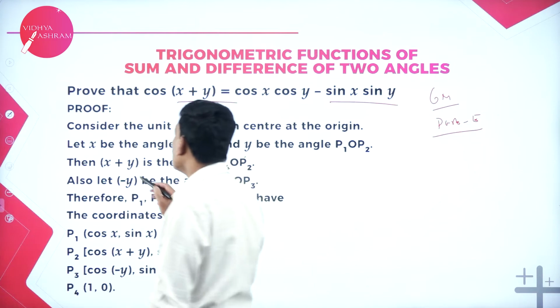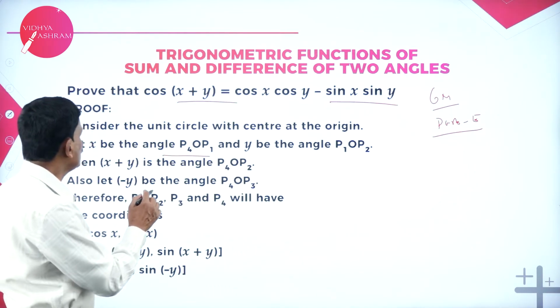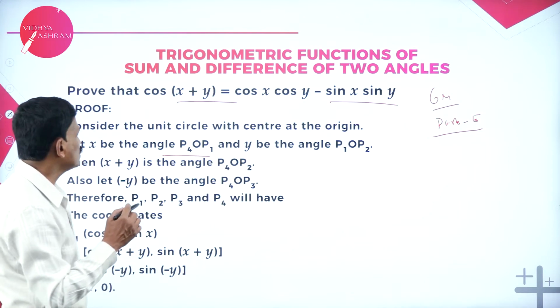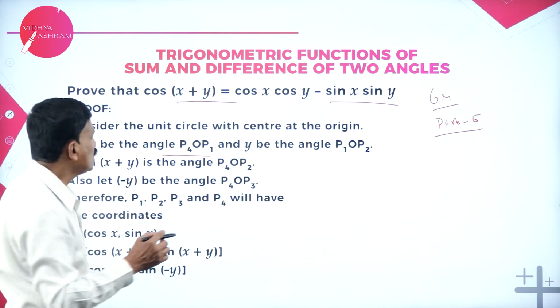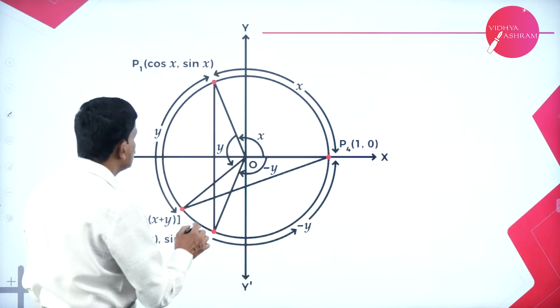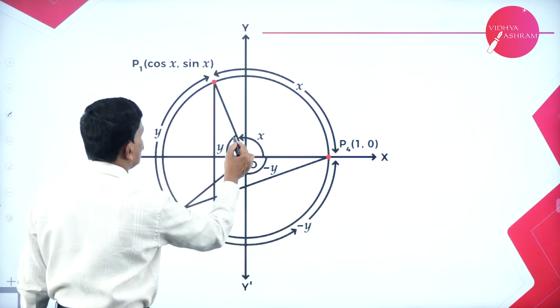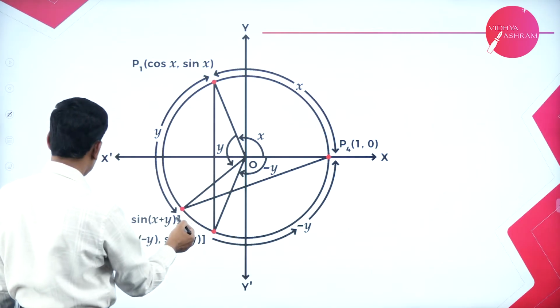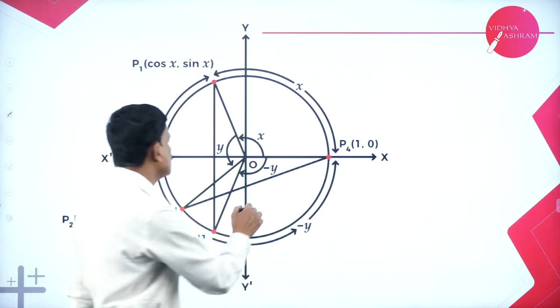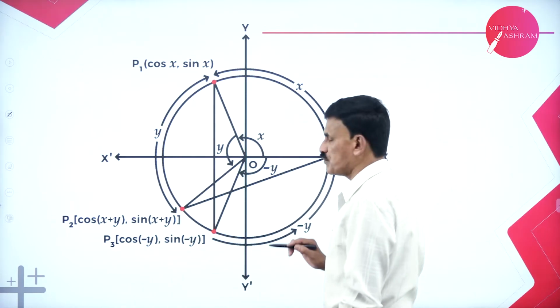Here let x be the angle for P4 O P1 and y be the angle for P1 O P2. The angle between P4 and P1 is x, and y is the angle between P1 and P2. Now minus y is the angle between P3O and P4.